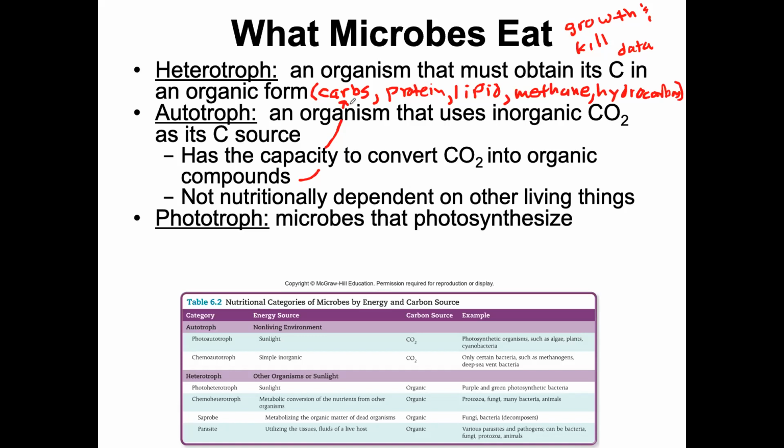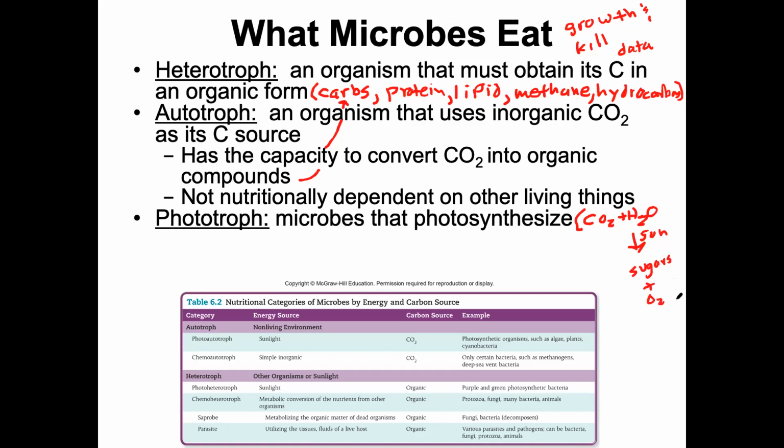A phototroph is any microbe that can photosynthesize. And again, remember that photosynthesis is taking carbon dioxide and water, and then the energy from the sun, and making sugars and oxygen.